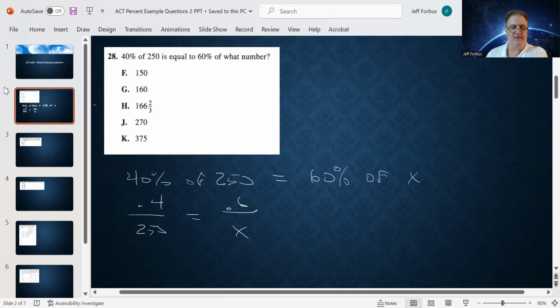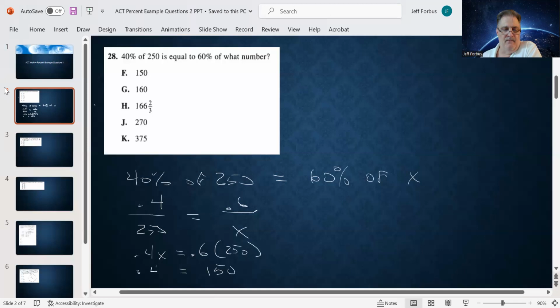So when we do that, we're going to get 0.4X is equal to 0.6 times 250. Don't forget your decimal. 0.6 times 250 is 150.